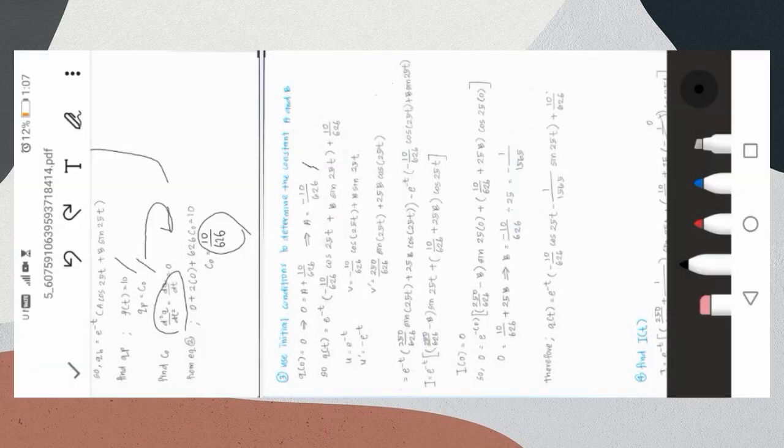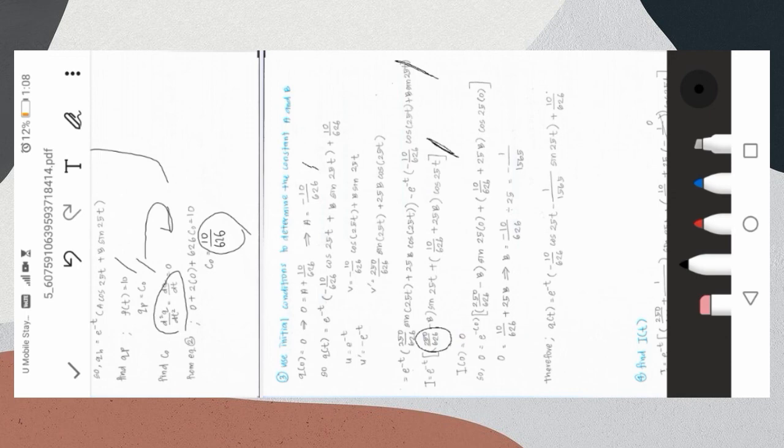And we can replace it using u v prime plus v u prime, and we can get this equation. And then simplify it, and we get this. This one we can simplify further, but I don't want to simplify it.